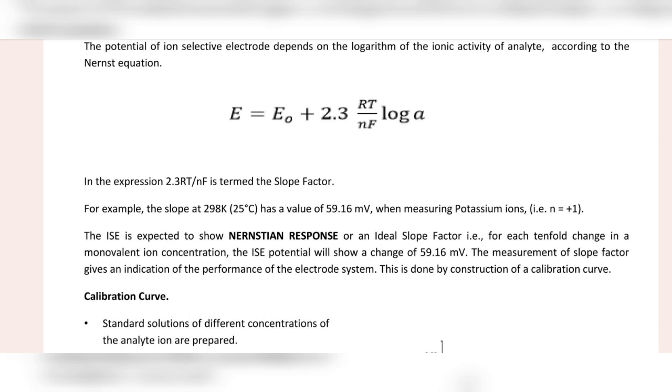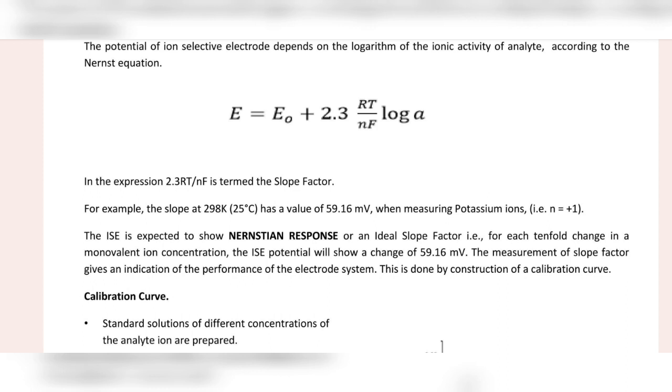So the slope factor is equal to 59.16, and a tenfold change in concentration results in a change of 59.16 millivolt. If it becomes 1000, log 1000 is equal to 3, so again one more 59.16 millivolt change occurs. So the slope factor is very low here.